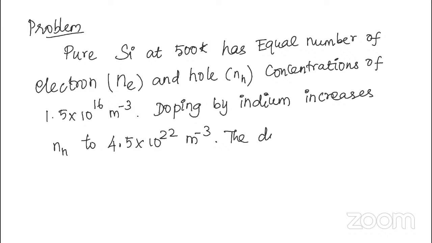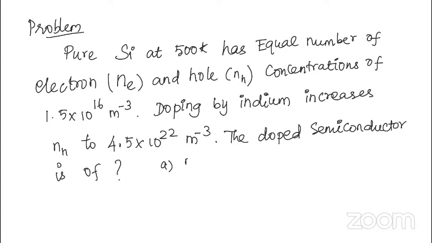So the doped semiconductor is of what type? Here the option A, Ne value is equal to 5 into 10 power of 9 meter power minus 3. Option B, Ne is equal to 5 into 10 power of 22 meter power minus 3.